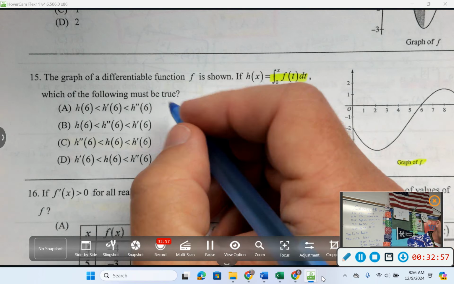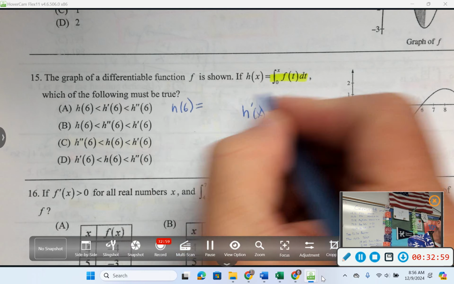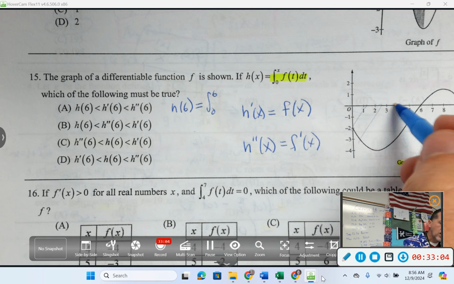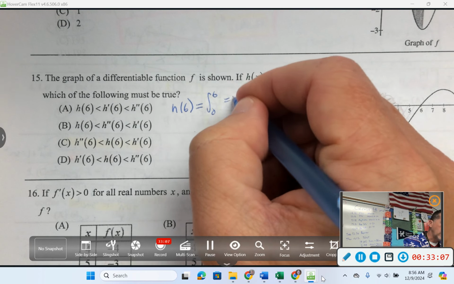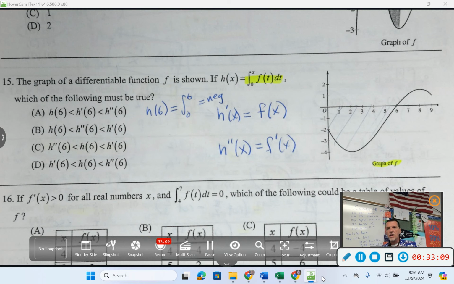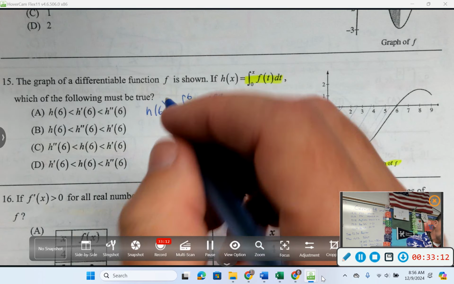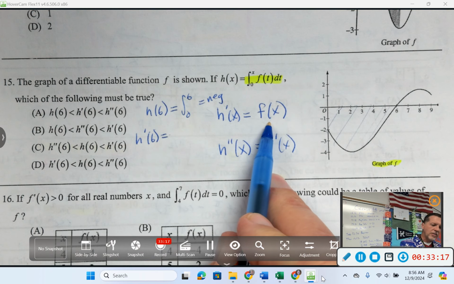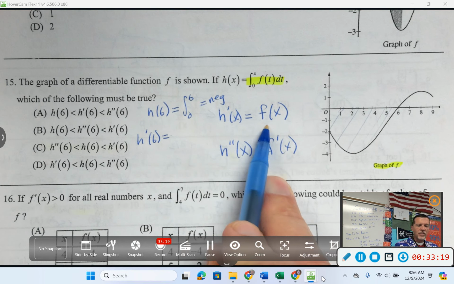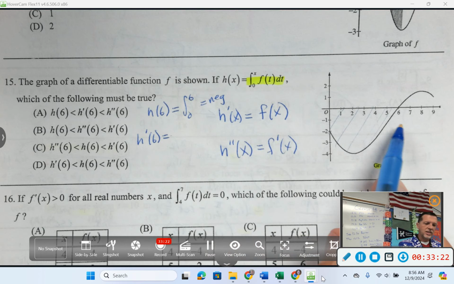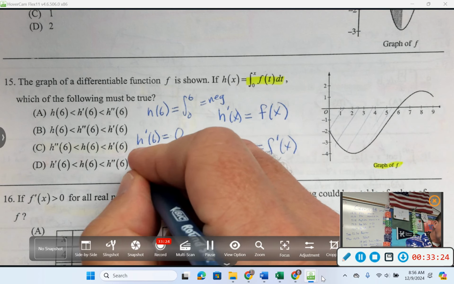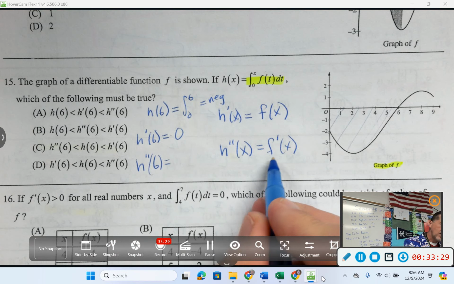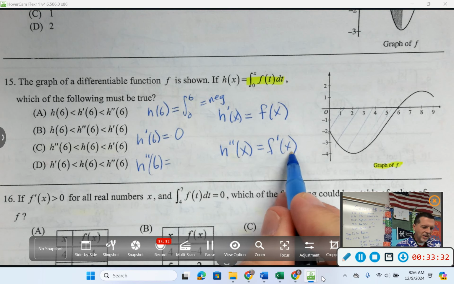Okay, so let's figure out all these pieces here. H of 6, that's the area from 0 to 6. I don't know what that is, but it's negative. Hopefully that's enough. H prime of 6 is f of 6. What's f of 6 equal to? 0. And H double prime of 6 is the slope of f at 6.